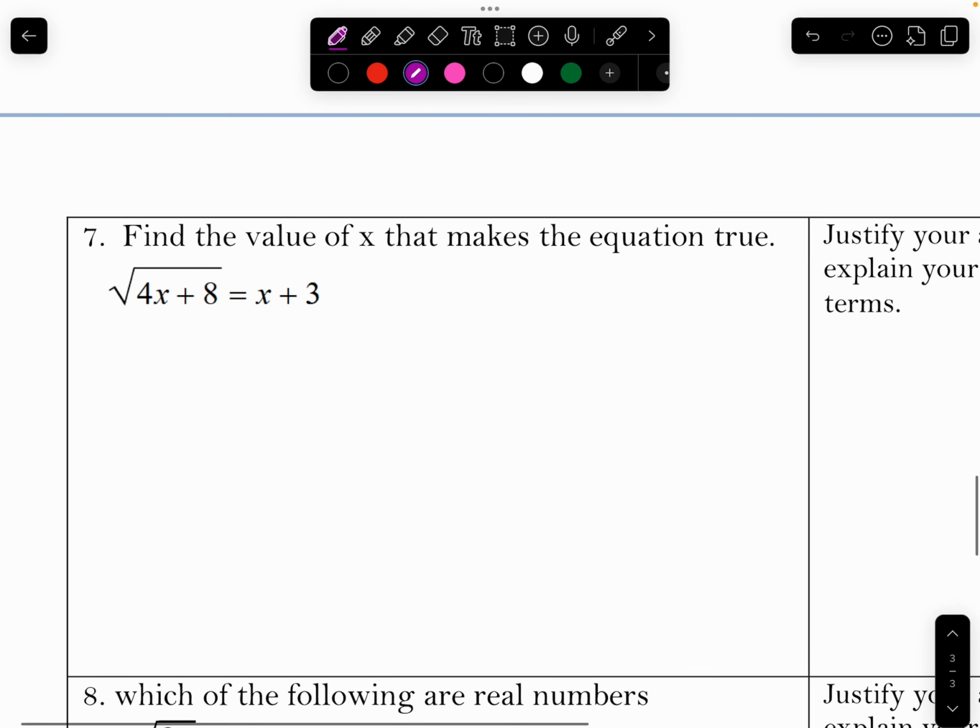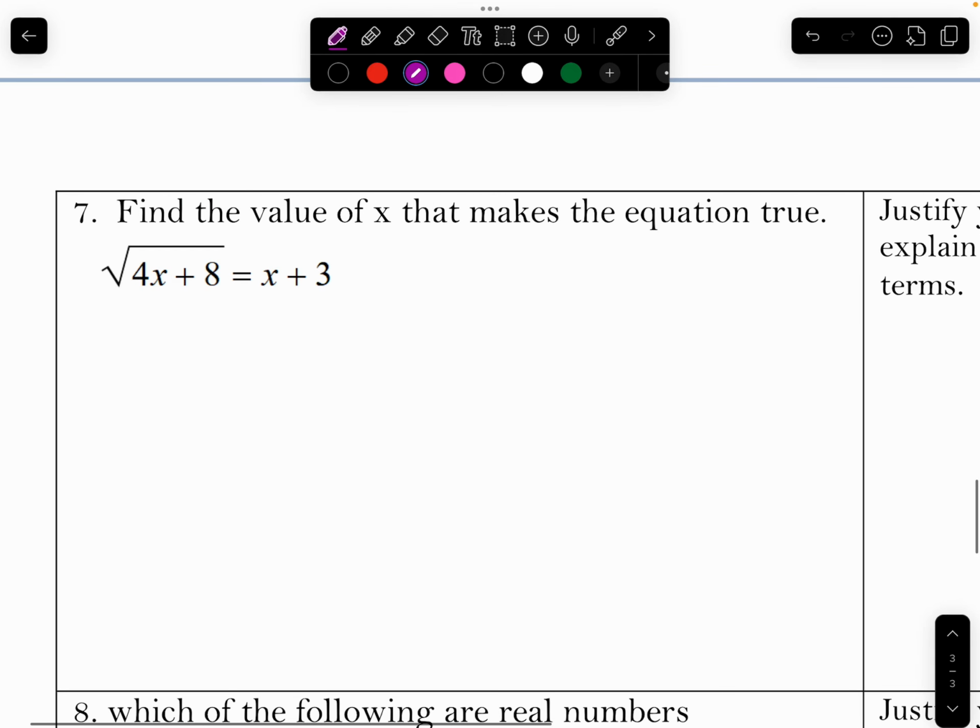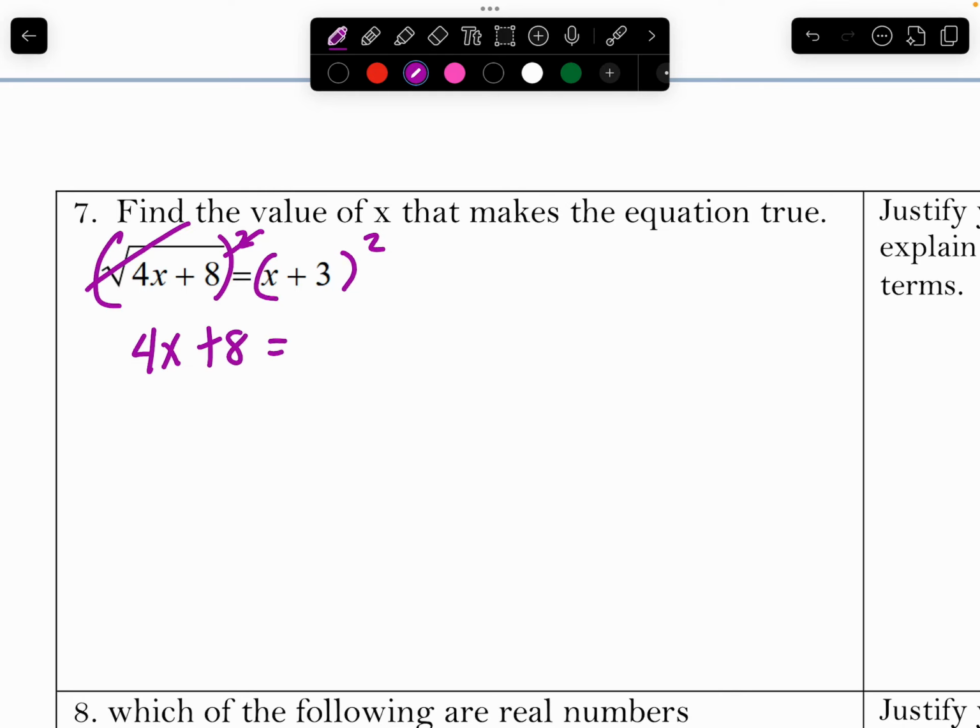Number 7, we are going to do... this is already isolated, so let's go ahead and just square both sides. So that's 4x plus 8 equals, if you do the box method, go ahead and pause, or even skip, to be honest. It should be like second nature for you guys now.